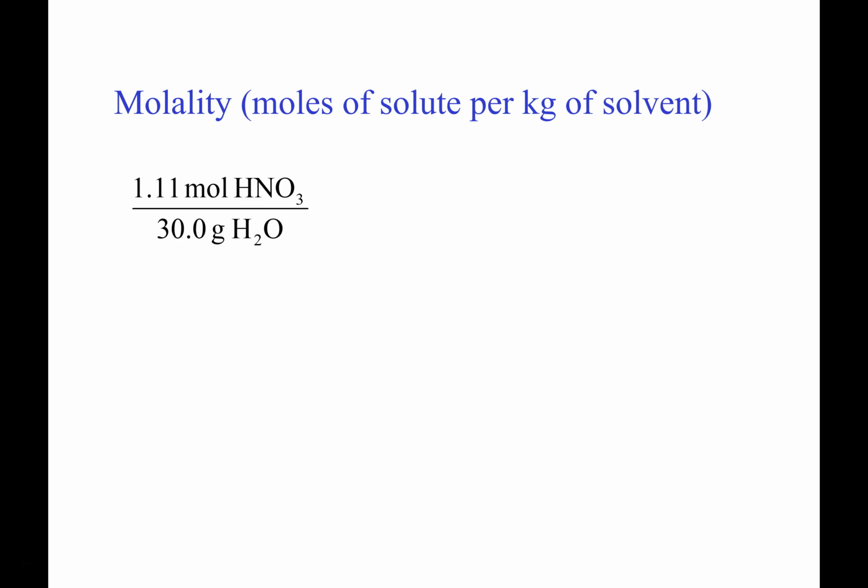Put 1,000 grams of H2O on top and 1 kilogram on the bottom. So now if we do kind of a quick check of what cancels, our units of grams of H2O have canceled, and we're left with units of kilograms of H2O, which is perfect.